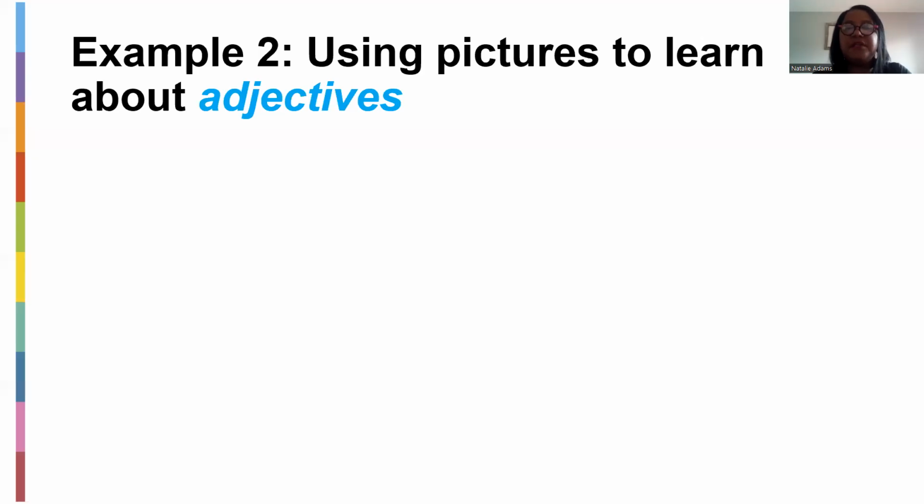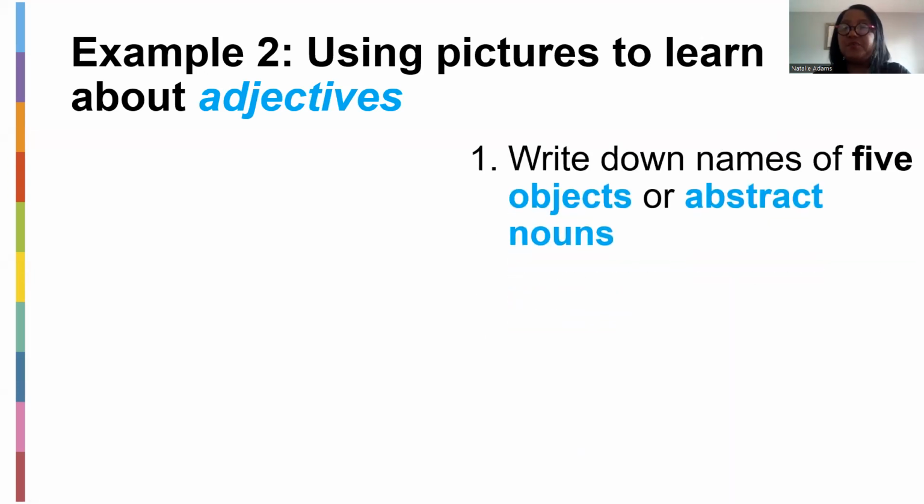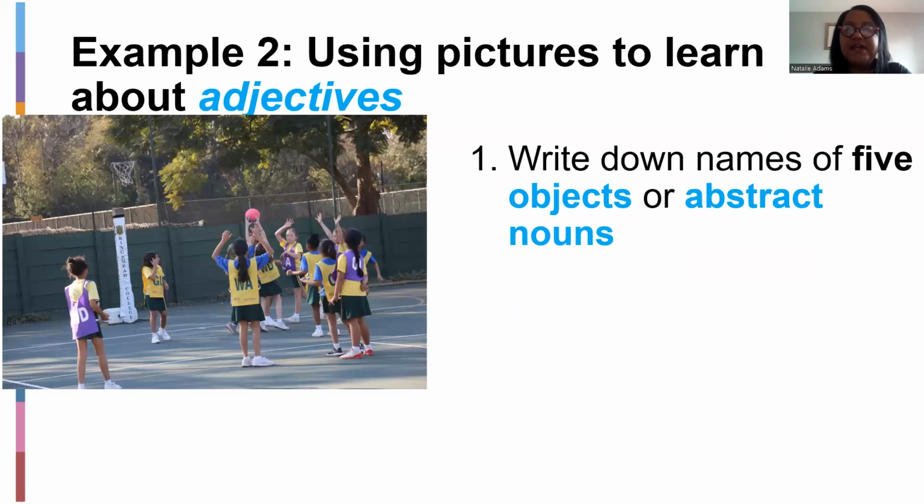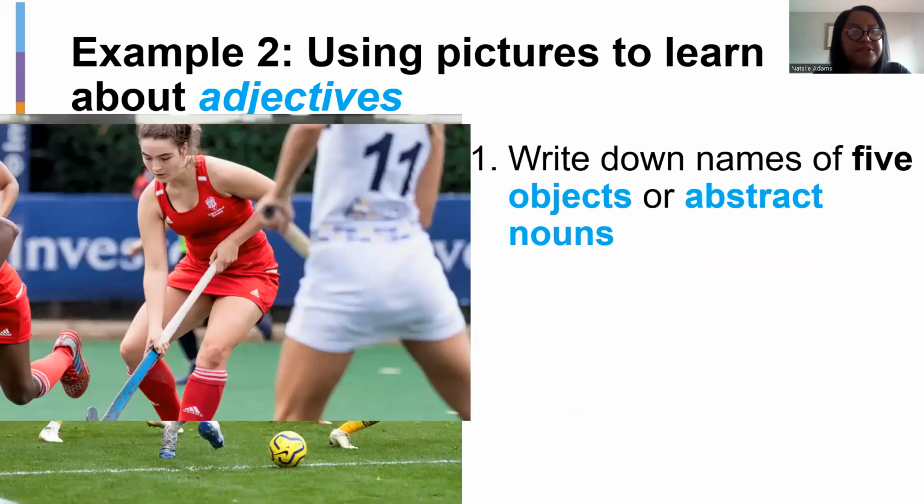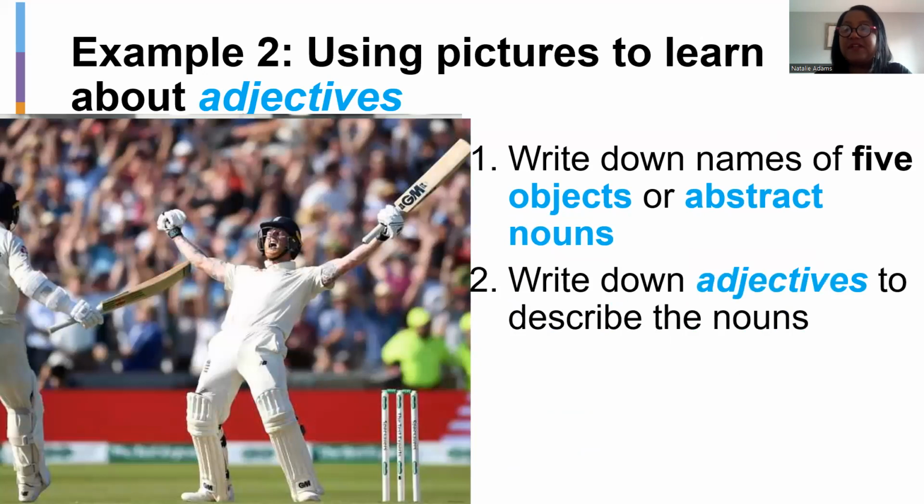Now another example, in teaching another form of language, would be using pictures to learn about adjectives. The same principle applies. You can write down names of 5 objects or abstract nouns in the picture, look at these different pictures, and then write down adjectives to describe the noun. So for the noun, the player, an adjective to describe it would be cricket, a cricket player, for example.